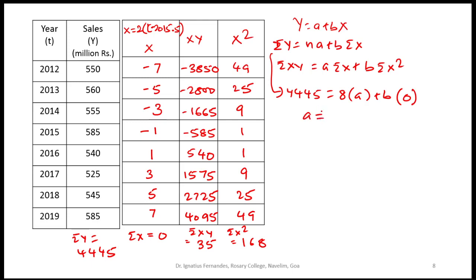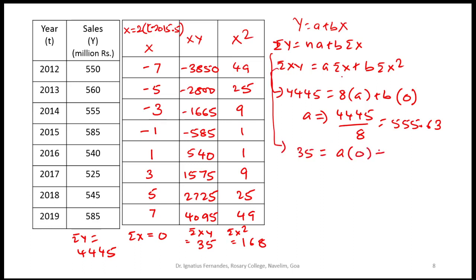So this will give me a as equal to 4445 upon 8, and that will come to 555.63. I use the other equation, summation xy is 35, that is equal to a into summation x, that is 0, plus b into summation x square, which is 168.